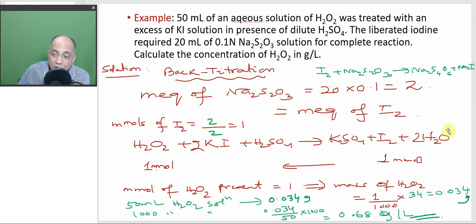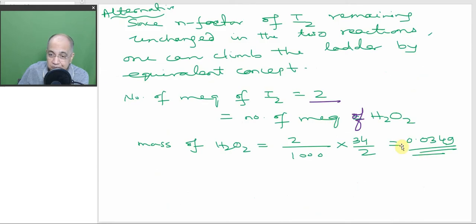But we could have gone by the equivalent method. Had we made sure that iodine has the same N factor in both the reactions, then we could have climbed the ladder by the equivalent method. See here.